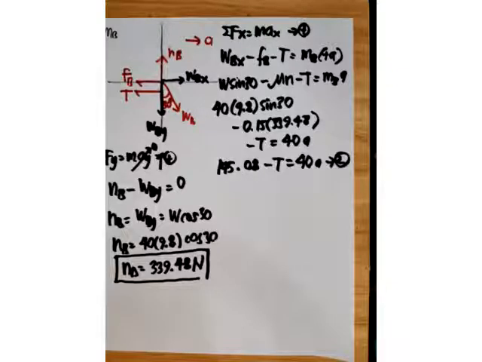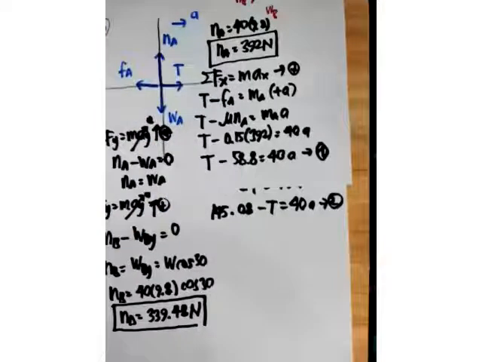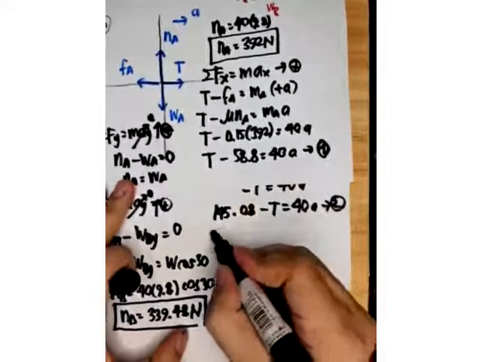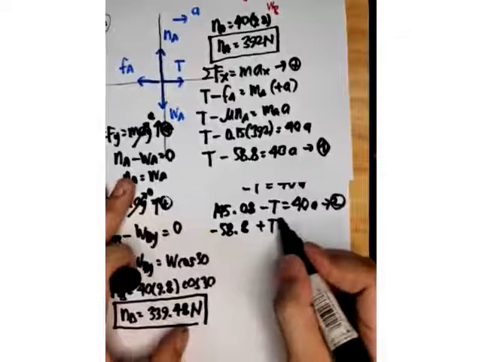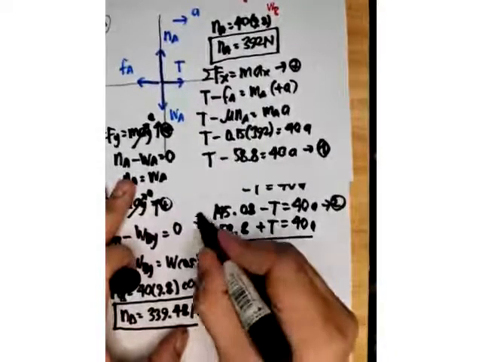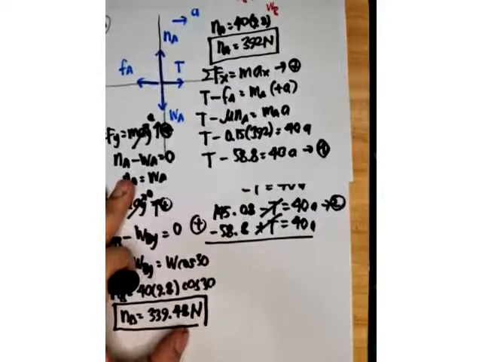Okay, so thank you. Again, we have the first and the second equation. So let's solve them simultaneously. So itatapat ko na lang dito. So that's a negative 58.8 plus T is equal to 48. Ayan. Let's just add para makancel ito. So we'll have 145 minus 58.8.